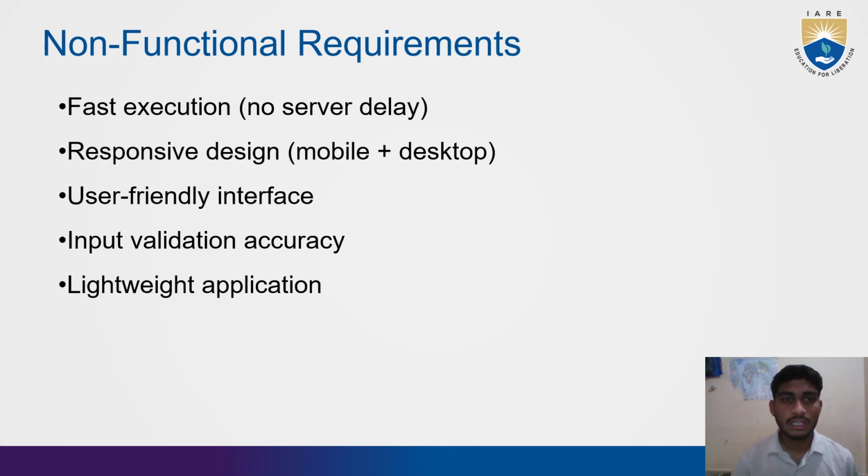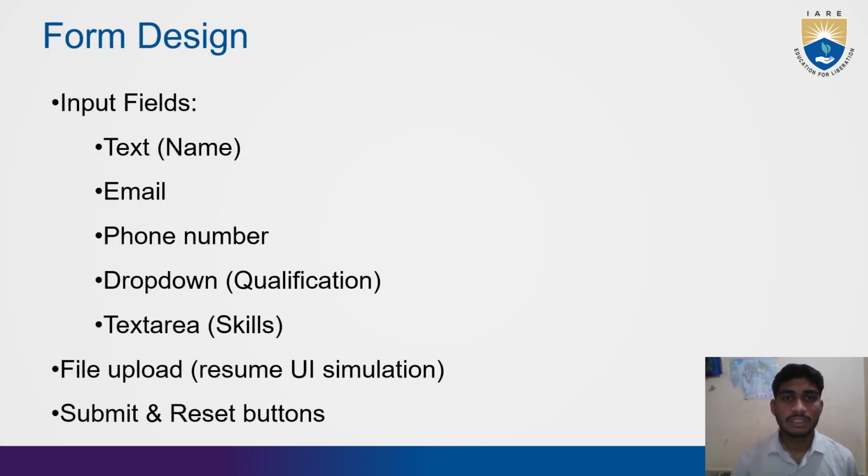Our next slide is about form design. What are the input fields in the form design? Text fields for name, email and phone number, a drop-down for qualifications, a text area for skills, a file upload button for the resume as UI simulation, and submit and reset buttons.